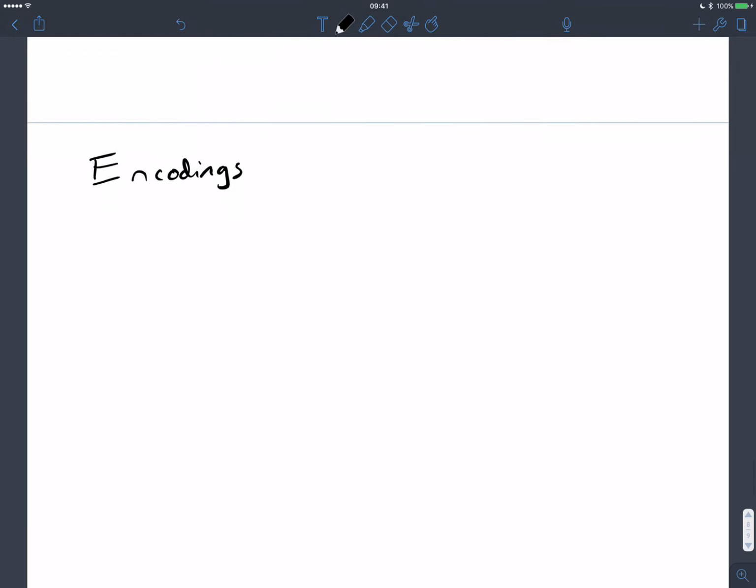Okay, so an encoding, I'm not going to give a formal definition because it's really an informal type thing. It's a way of specifying to the Turing machine a particular input. And so the only property that we really want out of an encoding is that I give it some format of this, let's say a graph maybe, and then in a finite amount of time, the Turing machine can extract all the information that it needs out of that encoding.